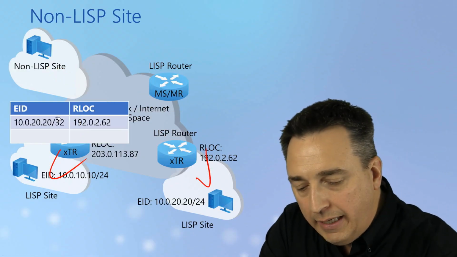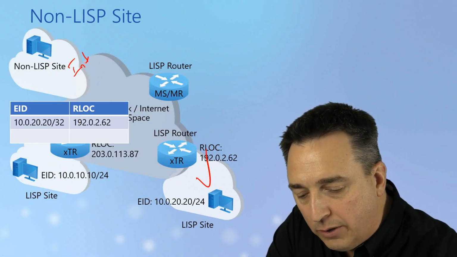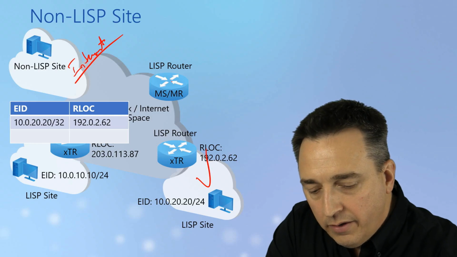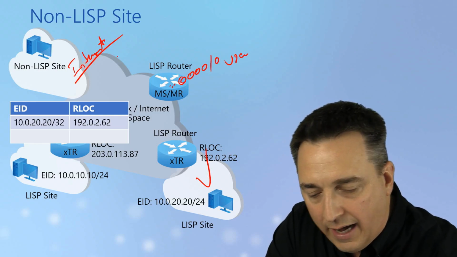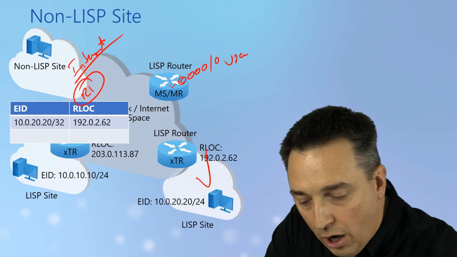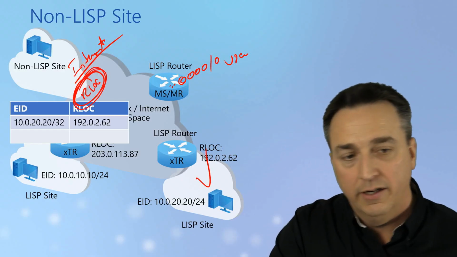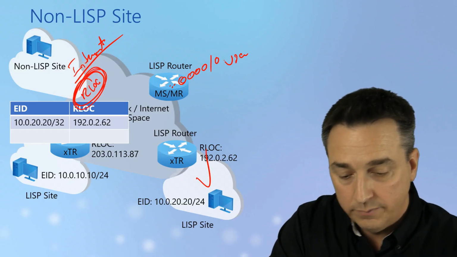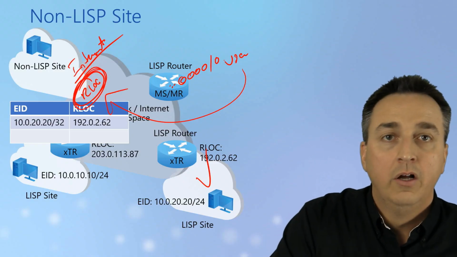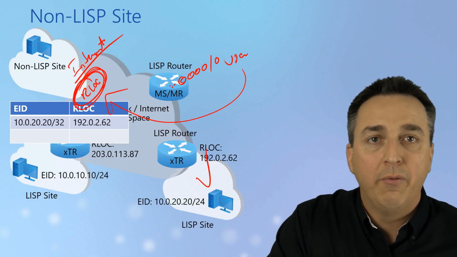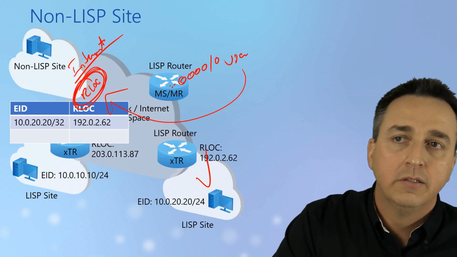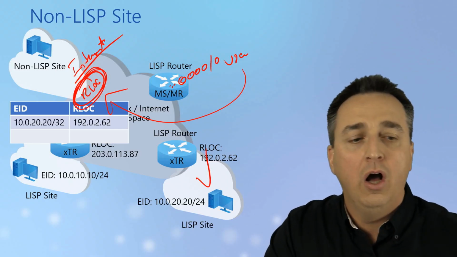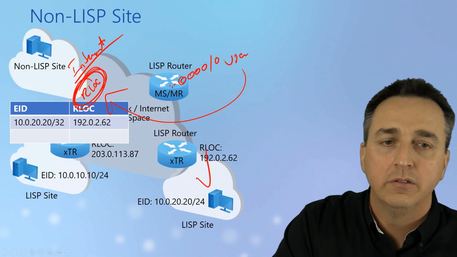So does that mean if this is the internet, for example, that we would need a mapping here for 0.0.0.0/0 via the RLOC address of a router here? Sure. Yeah. That way, when we're trying to go to the internet, to a place like that, if that's the best way to go, we need that information.